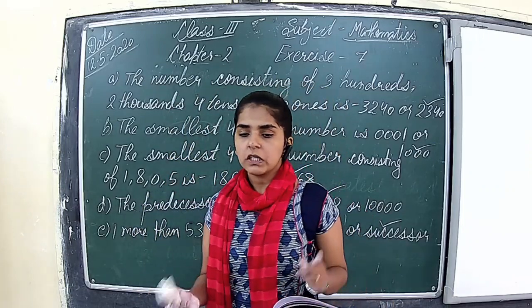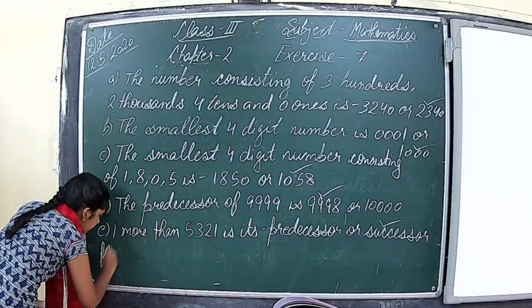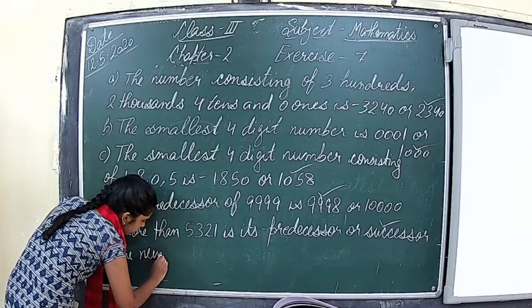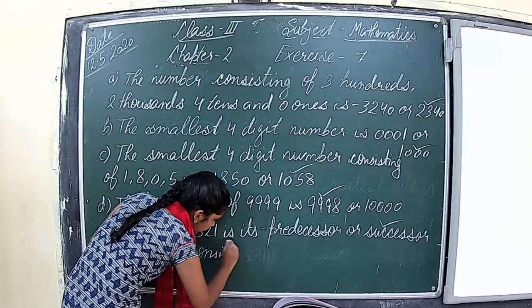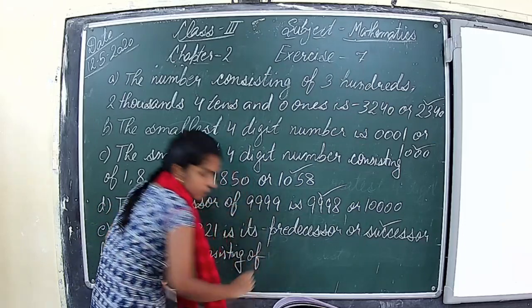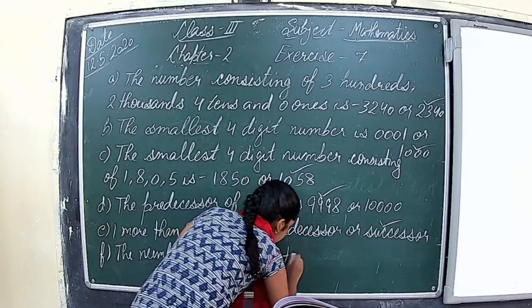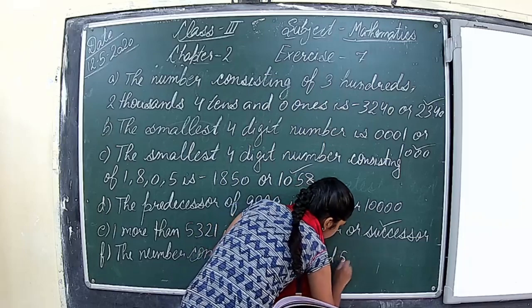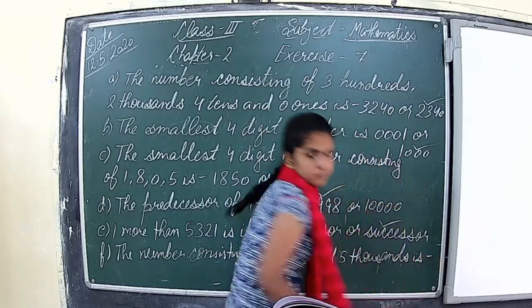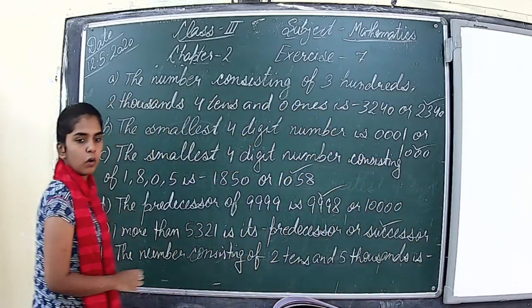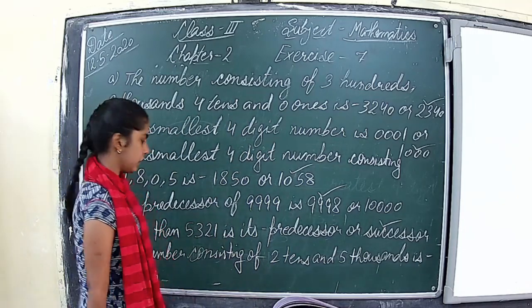Next, the number consisting of 2 tens and 5,000 is 5,092 or 5,126.